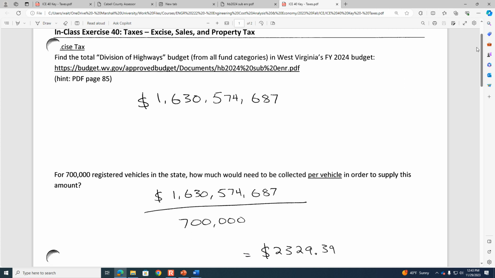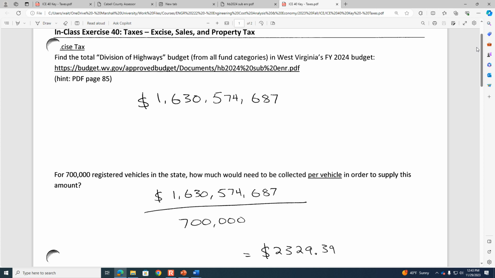Okay, so if you are spreading it out equally and every vehicle that gets registered pays the same amount, and if you were trying to cover the whole DOH budget just with vehicle registrations, I think that it would be about $2,300 per vehicle is how much you'd need to collect.